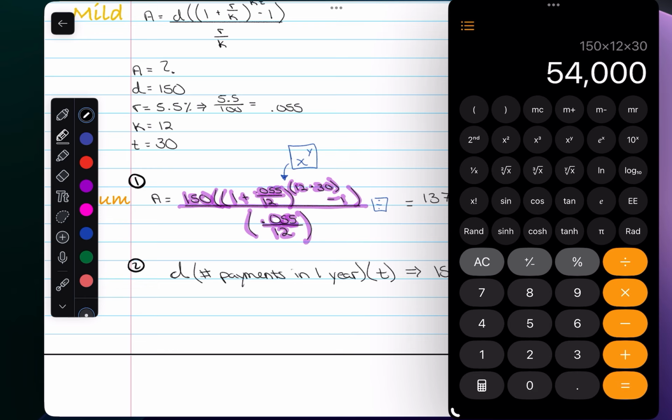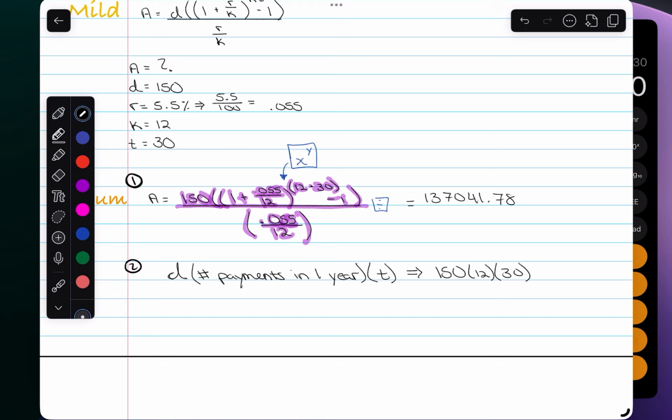So you contributed $54,000. That's $54,000. But remember, this is how much we have in the account at the end. So you only contributed 54,000. The rest of this is all interest that you've earned.